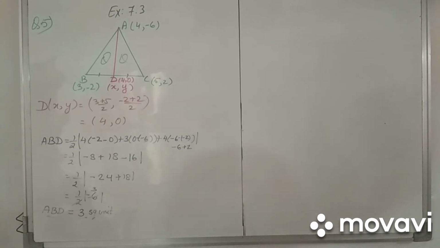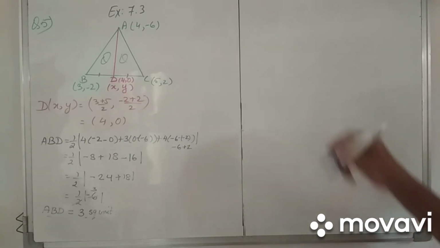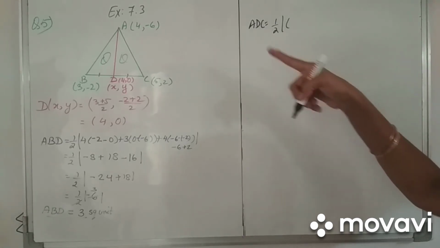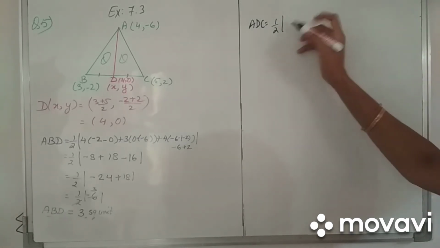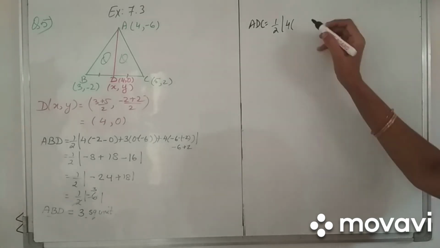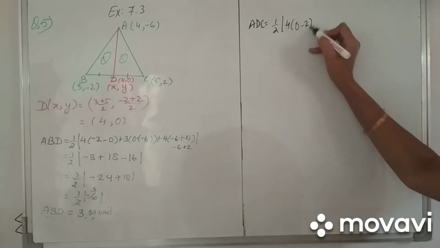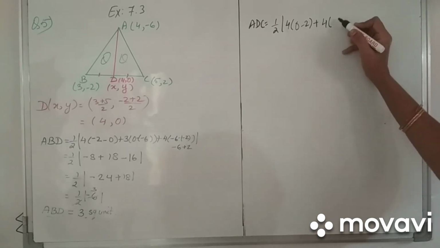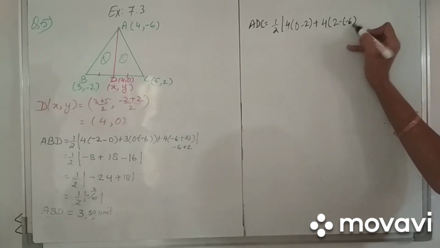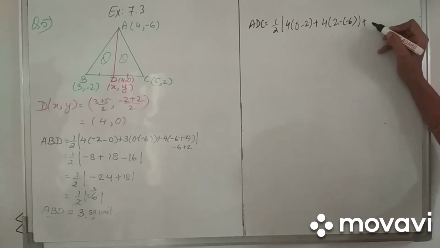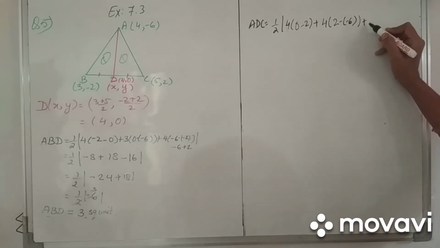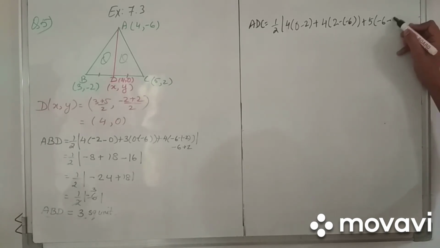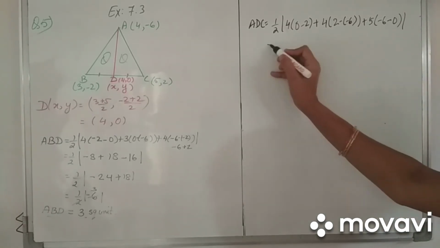Same way find the area of ADC, equal to half of modulus of 4 into (0 minus 2) plus 4 into (2 minus minus 6) plus 5 into (minus 6 minus 0), modulus over.